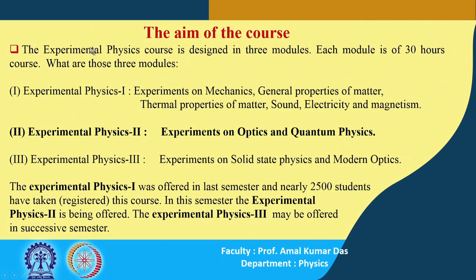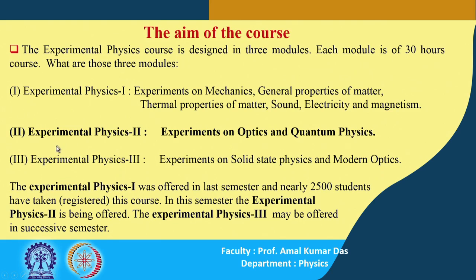The experimental physics course is designed in 3 modules. Each module is of 30 hours. So, what are those 3 modules? Experimental physics 1, where experiments on mechanics, general properties of matter, thermal properties of matter, sound, electricity and magnetism are discussed.